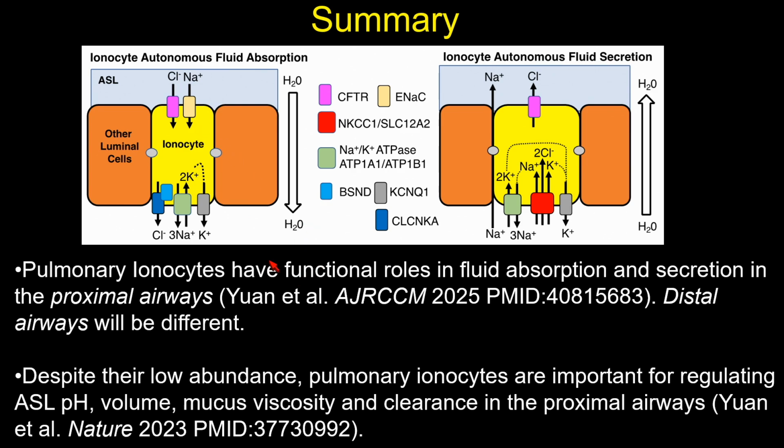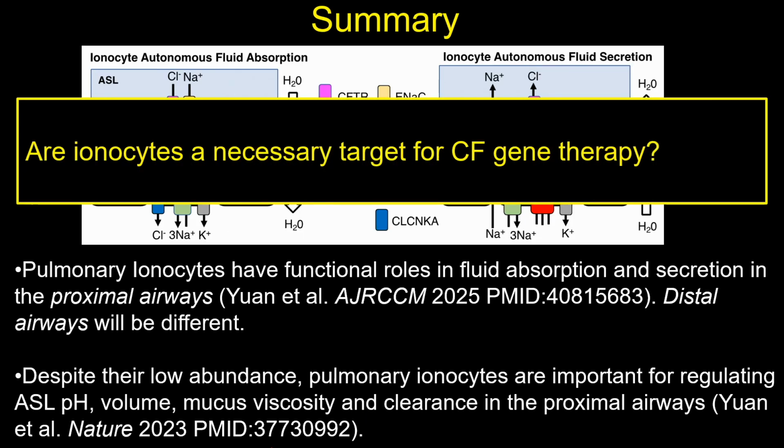That doesn't mean that there isn't communication with other cells around them that's participating in this, but it means that they can function semi-independently. And I didn't talk about things that were published in this Nature paper that show that ionocytes are also required for pH regulation, volume regulation, so they dehydrate in the absence of ionocytes, and mucus viscosity and clearance.